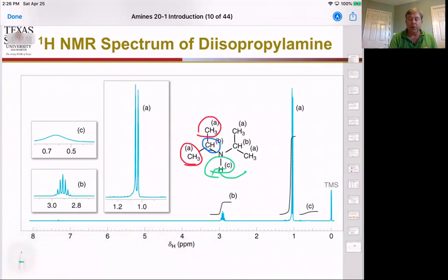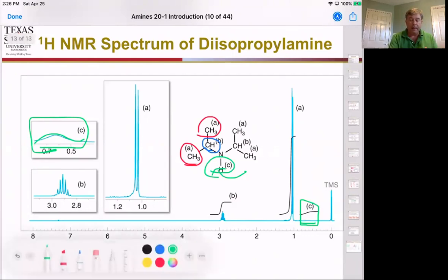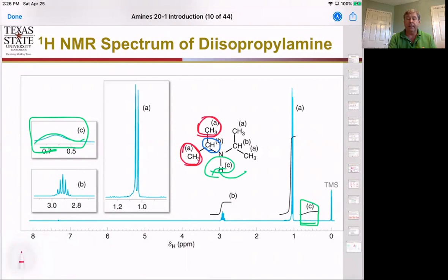This one right here shows up as a nice broad peak, and if we blow this peak up, we see that it is a nice broad peak for the hydrogen shown as letter C. In the A group here, we have a total of 6 equivalent hydrogens, and they are split by this B hydrogen here, meaning we get a doublet for all 6 of those equivalent hydrogens.